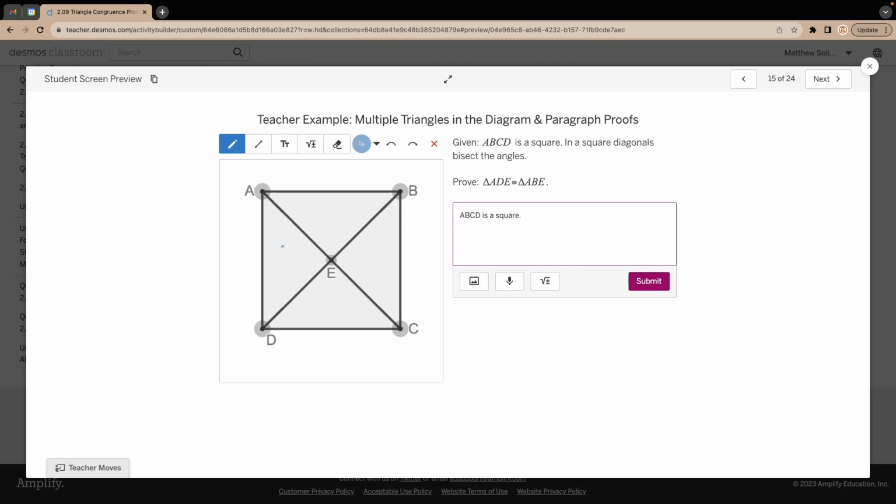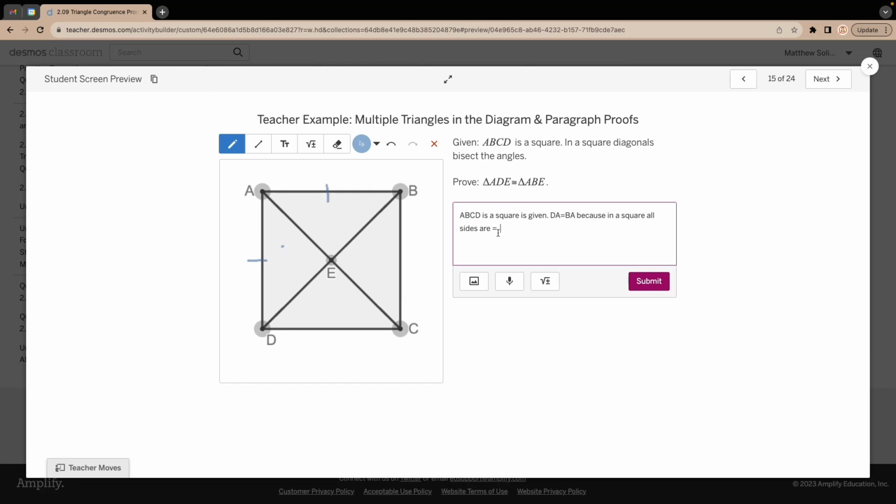So we're going to write a paragraph proof. I just want to show you, you could write sentences. So what do we know? Well, I know in a square, all the sides are equal. So DA is equal to BA because in a square, all sides are equal. So I'm just writing a paragraph here.